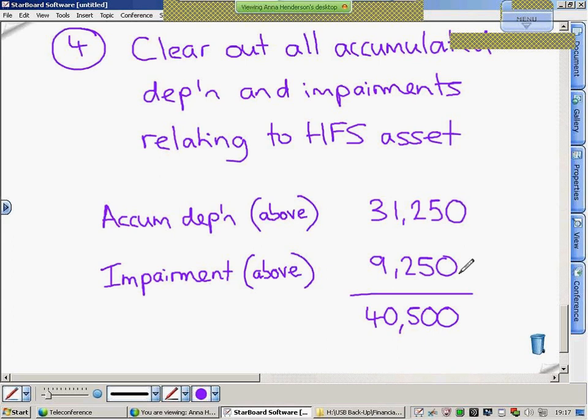But you have to show the shareholders that upon classifying this as held for sale, you ended up with impairment, so you were holding the assets too high, essentially, in the financial statements.